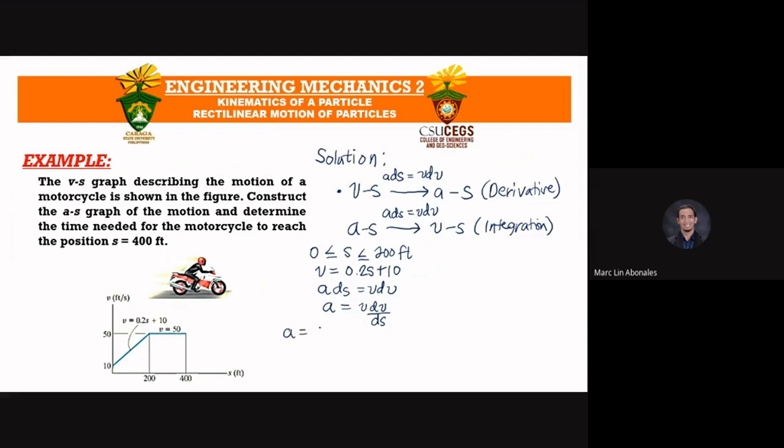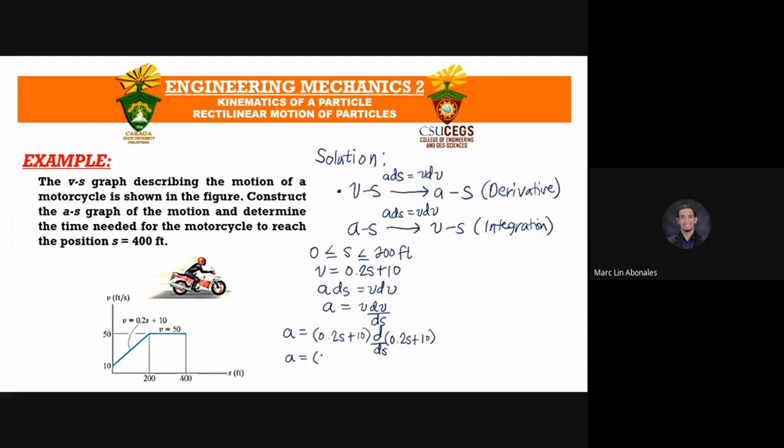So that is 0.2s plus 10 for the variable v, and also in our derivative, we substitute the equivalent of v and differentiate this with respect to the position.